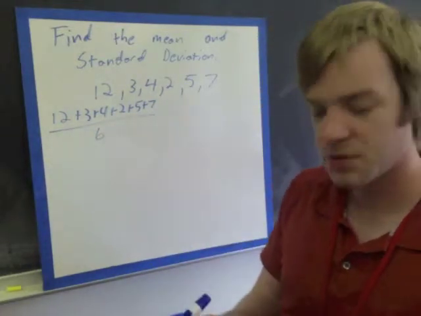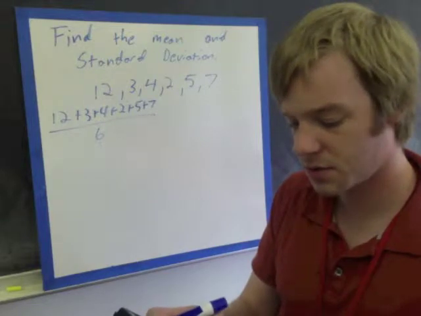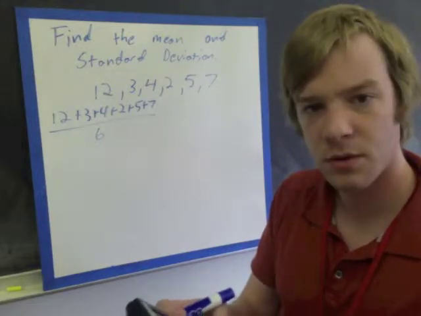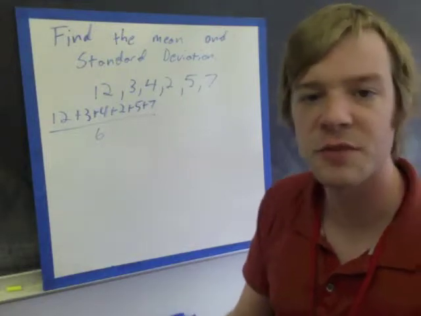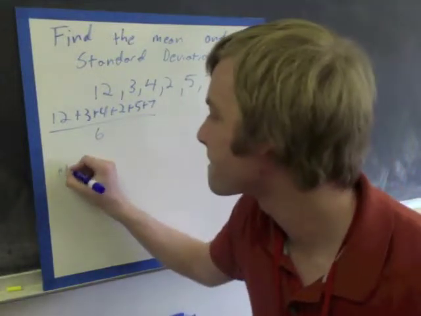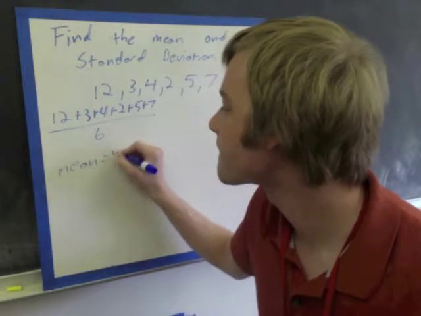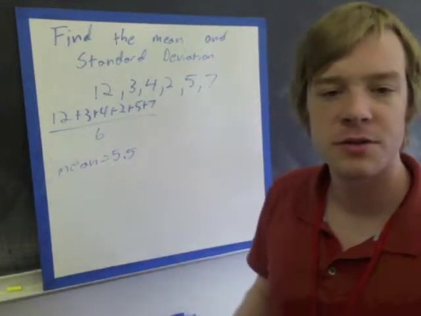So if I add these up real quick, should give me 5.5. So the average is 5.5.